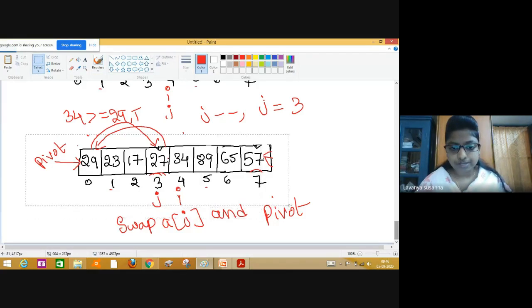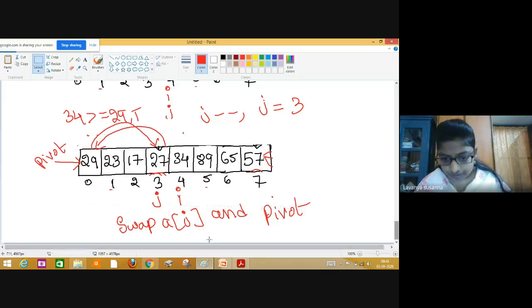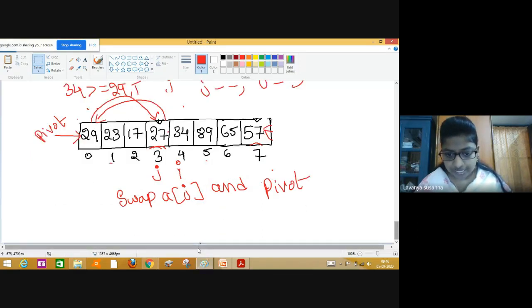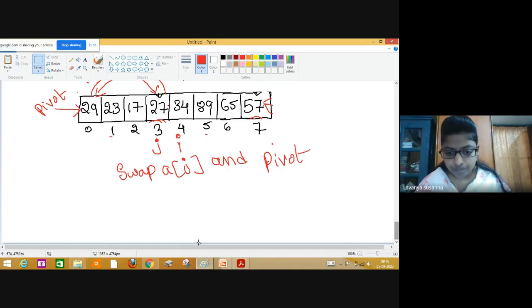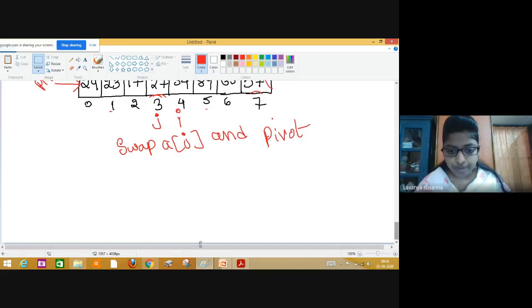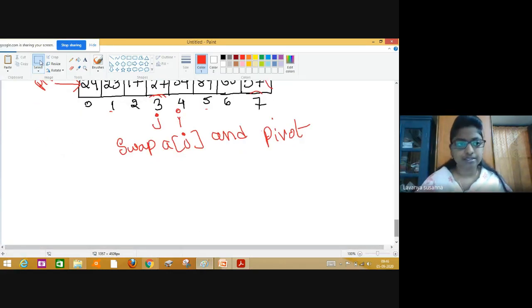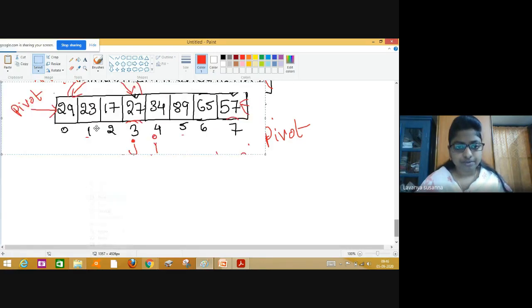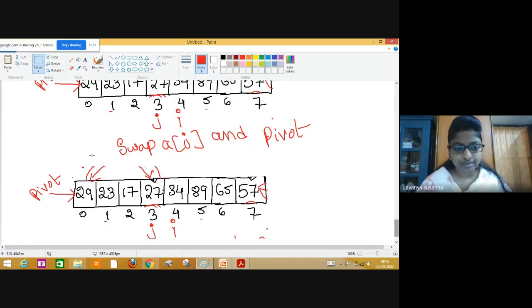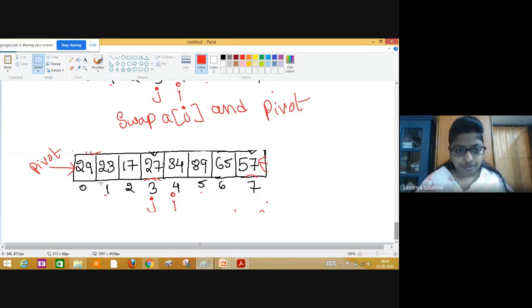I request all the students to do it. Whenever J crossed I, remember you need to exchange the pivot element and A of J. See, I'm exchanging. 29 should come to 27's place.